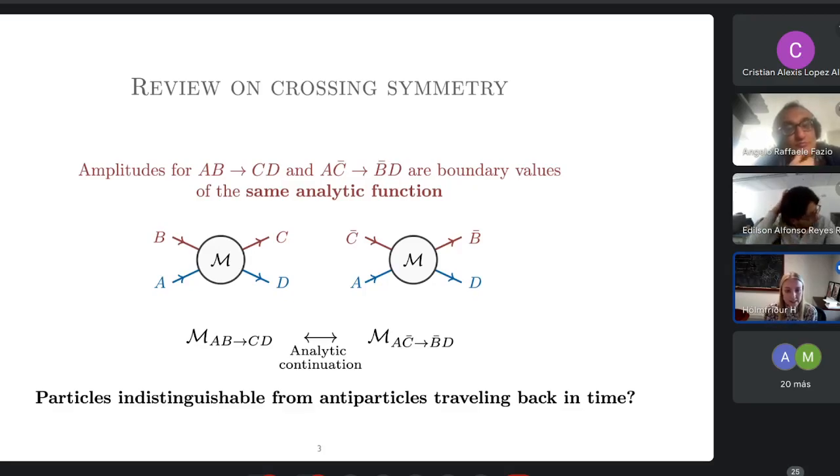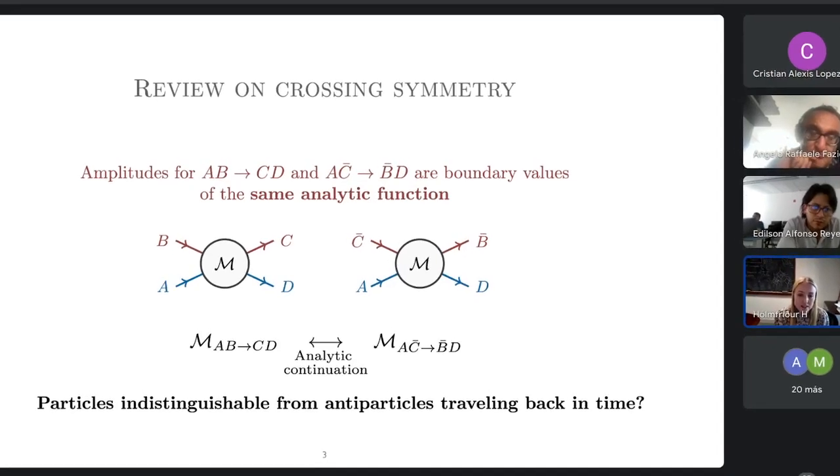More precisely, on the left here we have a scattering amplitude for AB going to CD. And what we do is that we cross particles B and C, meaning that we take C to be incoming and B to be outgoing, and turn a particle into an antiparticle. Crossing symmetry tells us that the 2 amplitudes for these 2 processes are analytic continuations of each other.